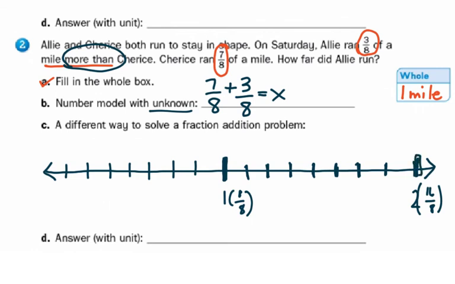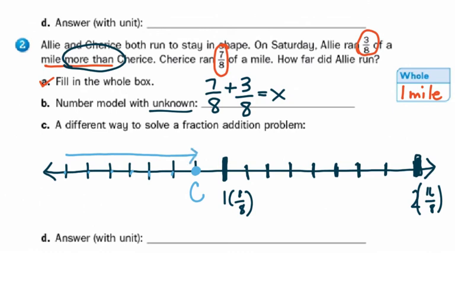Make that one a little bit thicker. So what I'm going to do now is to go ahead and put Sharice. Remember, she was 7/8 of a mile. 1/8, 2/8, 3/8, 4/8, 5/8, 6/8, 7/8. I'm going to put a C for Sharice. So she ran this far.